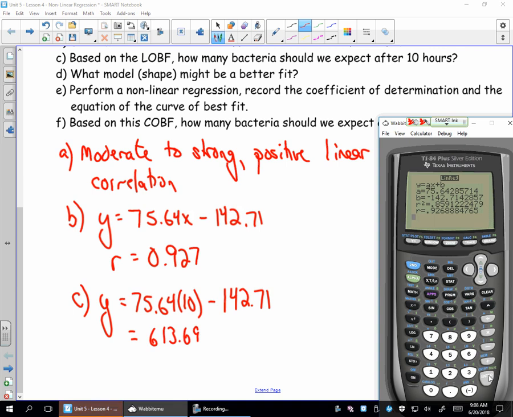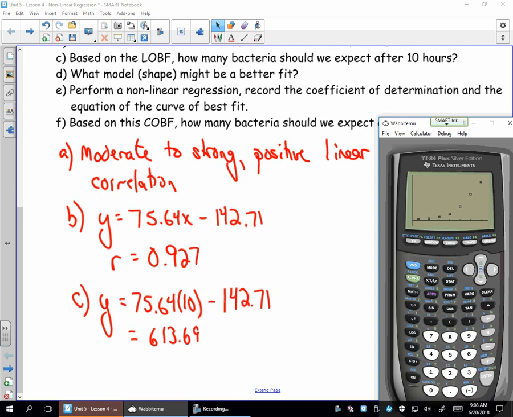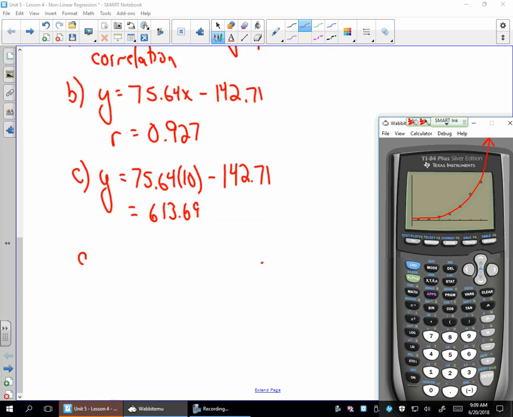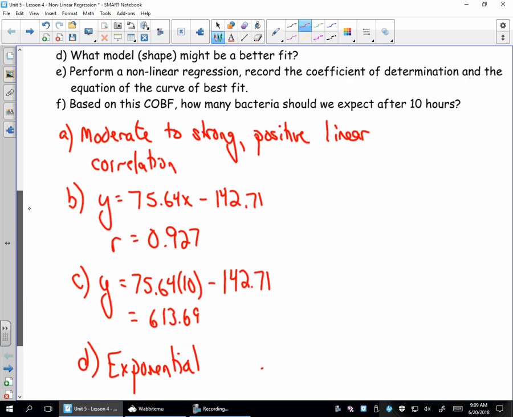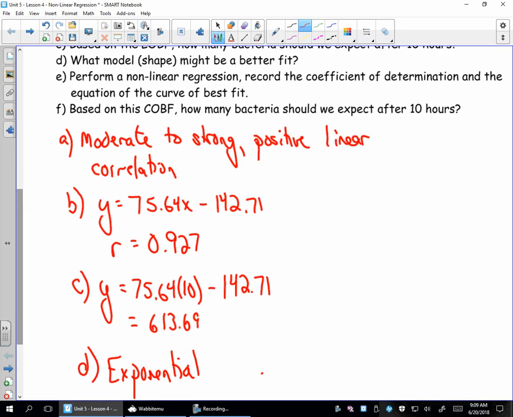If we look at this shape again, let's go back to the picture for a second on our graphing calculator here, it's really making an exponential curve. We've talked about bacteria growth in past courses. A better model is exponential growth. And we know a better fit. So let's perform that nonlinear regression and find our new things.